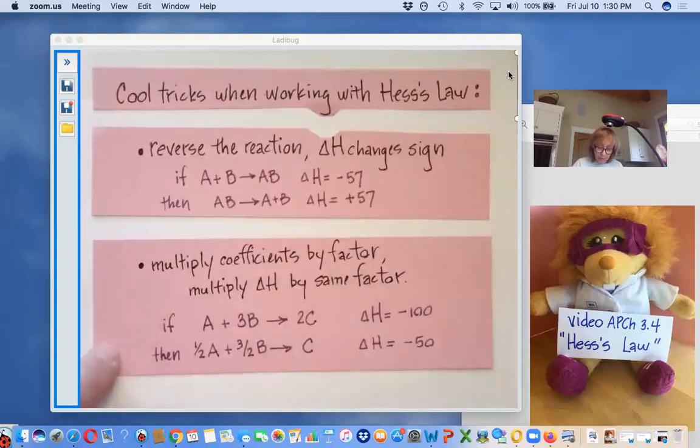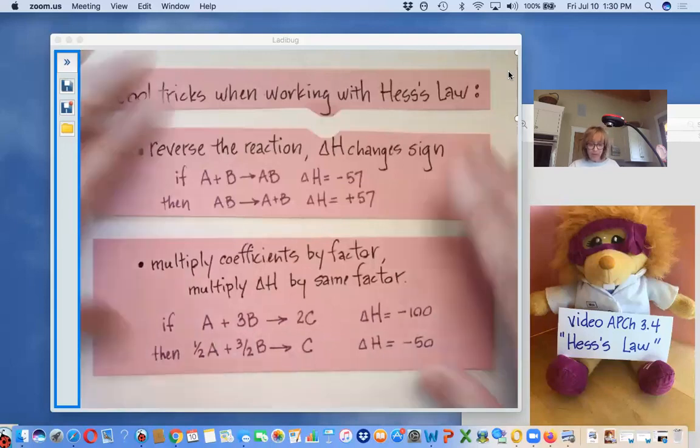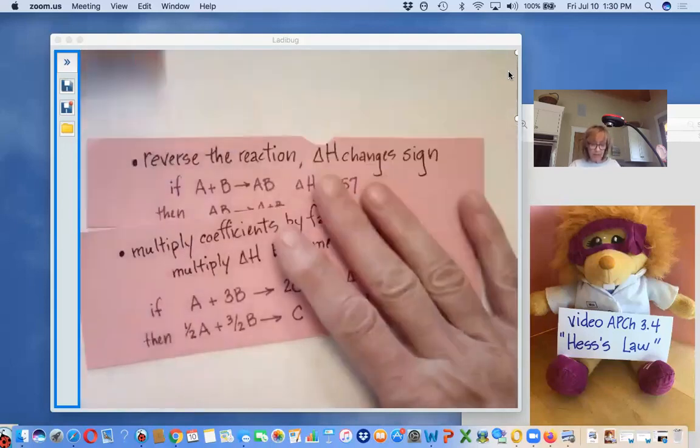All right, if I'm curious about this reaction, 1/2 A plus 3/2 B yields C, do you see how I simply multiplied each substance by 1/2? Well, the delta H for that new equation is going to be the original one multiplied by 1/2. Okay, so keep those two tricks in mind.